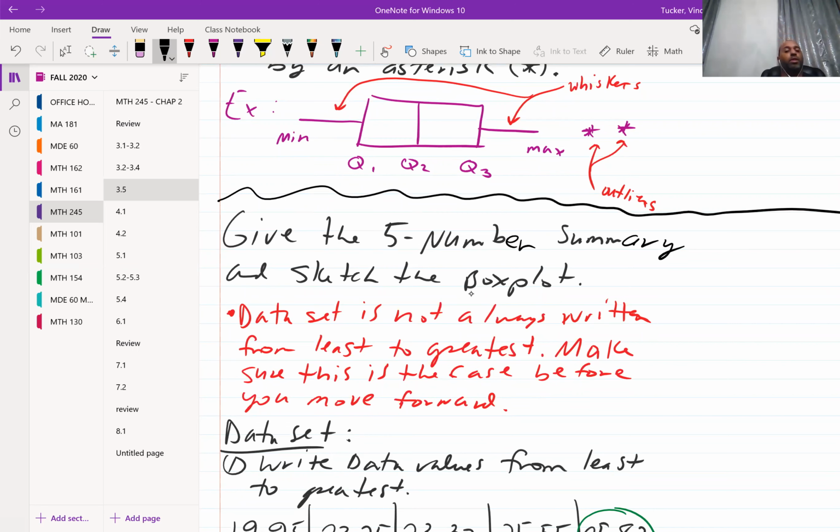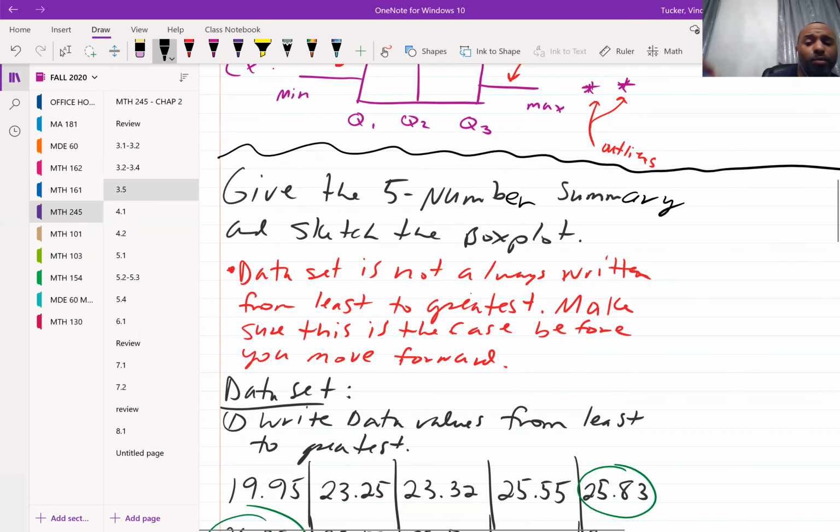So I wrote a little note here. Our data set is not always written from least to greatest, so make sure that you do that before you do anything. Once again, to save on time and paper, I'm just going ahead and writing it in order, but your data set does not have to be given to you in order.